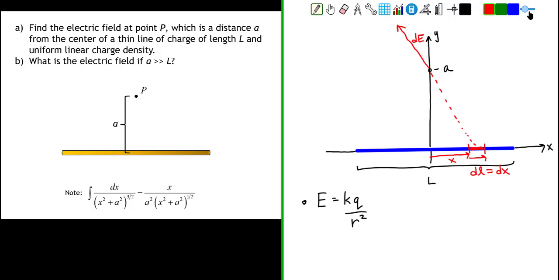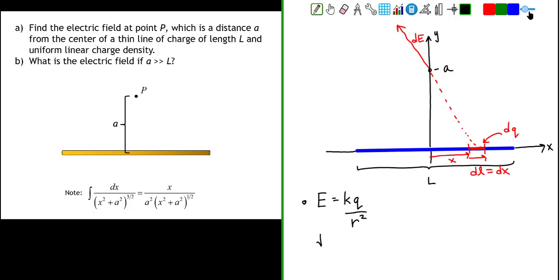This tiny bit of charge, let's say it's a tiny bit dq, where the total amount of charge is just q. So this is our infinitesimally small amount of charge that is infinitesimally short in length. So this is our point charge.